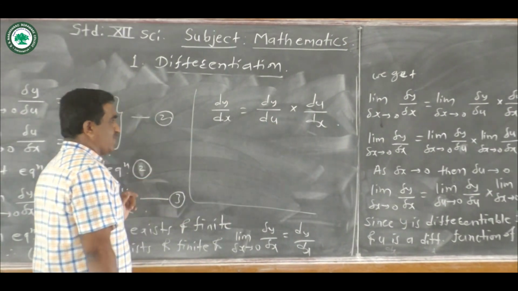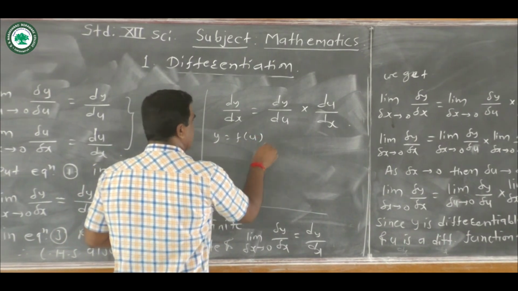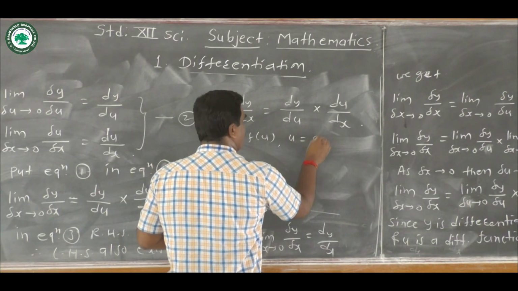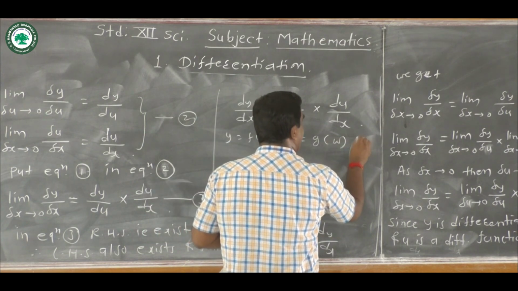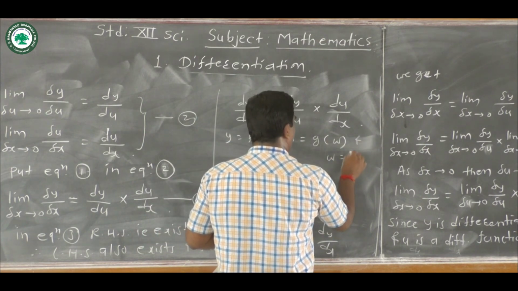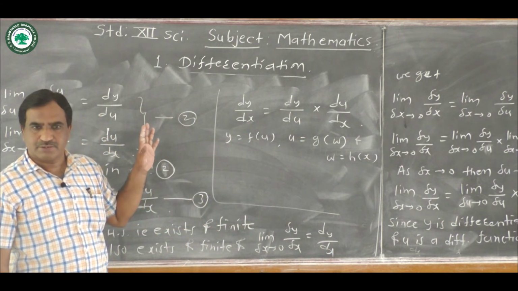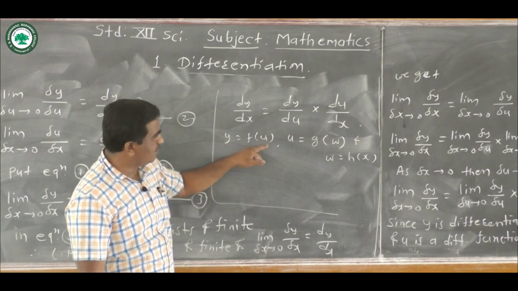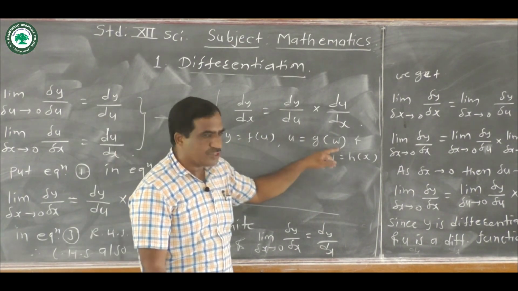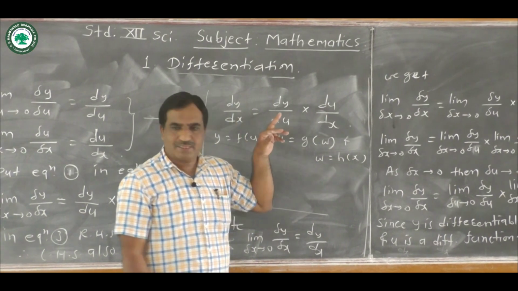If we take more functions, that is y is equal to f of u, u is equal to g of w and w is equal to h of x, there are three functions. y is a differentiable function of u, u is a differentiable function of w, and w is a differentiable function of x.